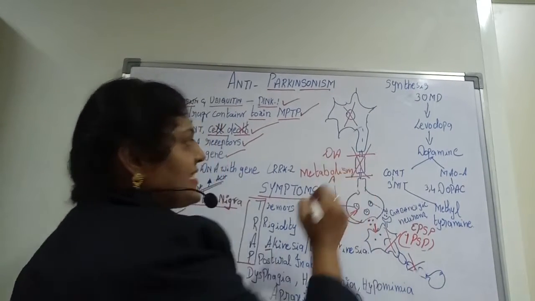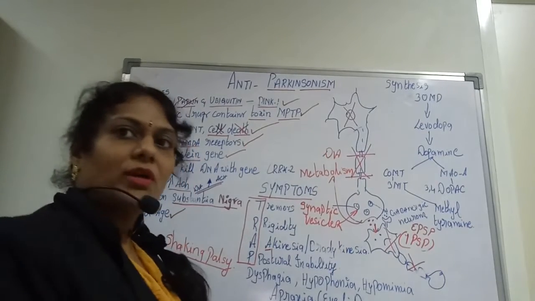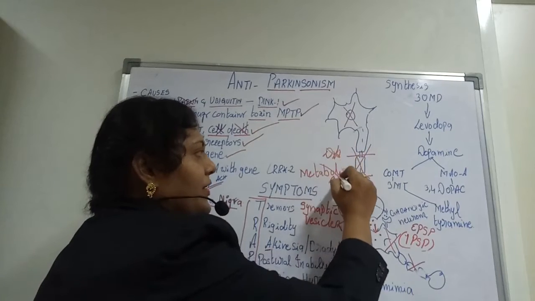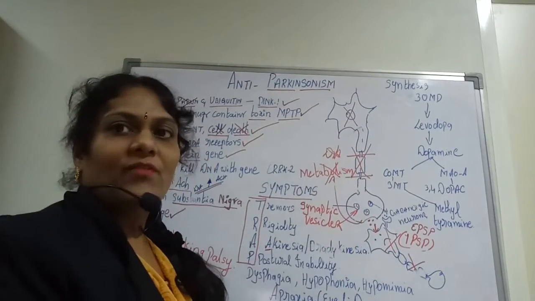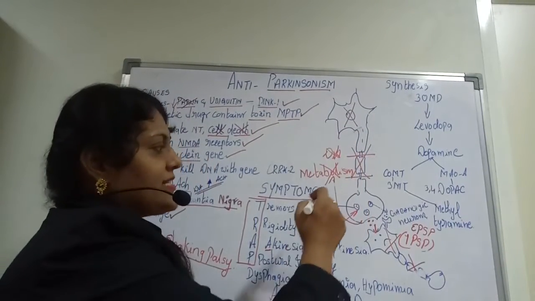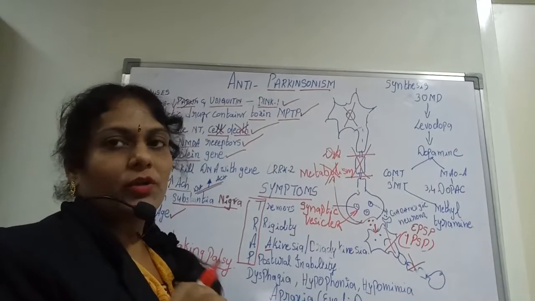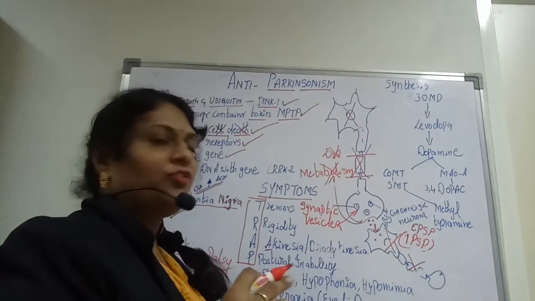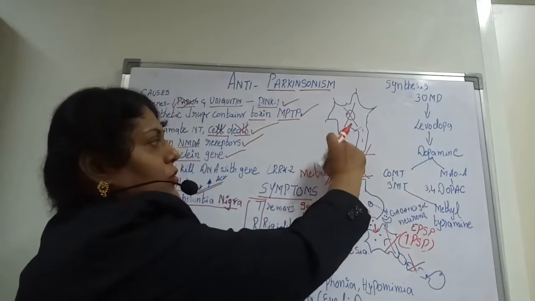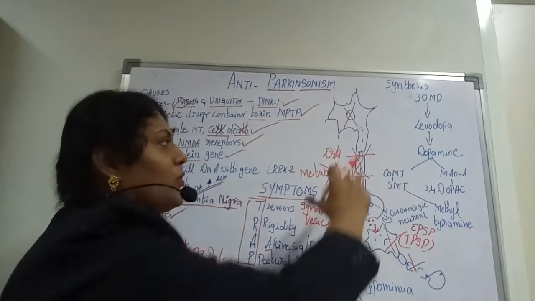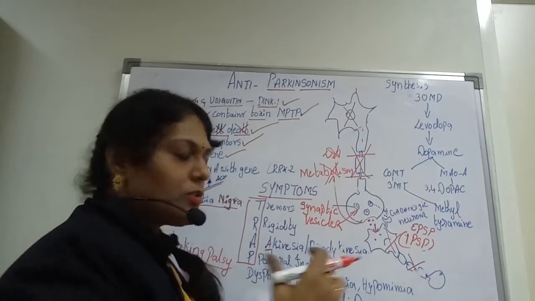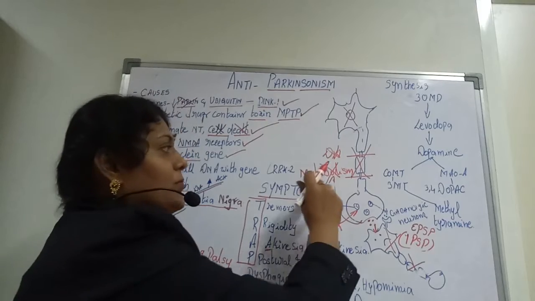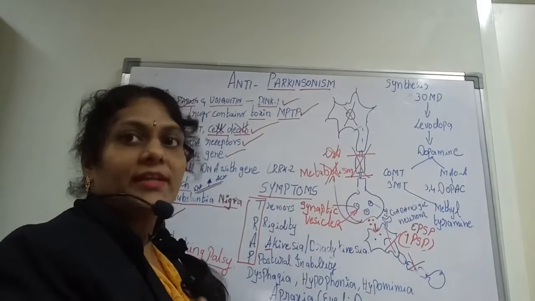That means if there are any differences in the metabolism of dopamine, the functioning of the dopamine neurotransmitter goes into various disorders. So why is the dopamine not able to be submitted in a larger amount onto the GABAergic neurons? There are main reasons: the collapse of the neurons, or the collapse of the axons, or the collapse of the synaptic vesicles, or the collapse of the metabolism of dopamine.